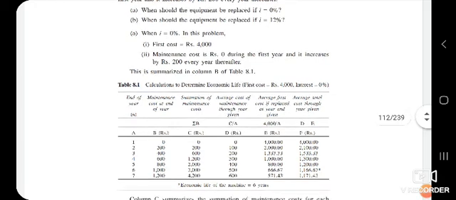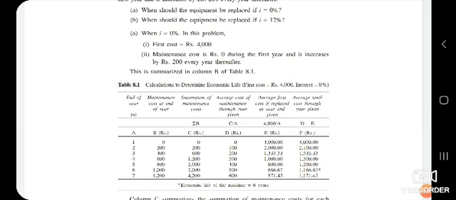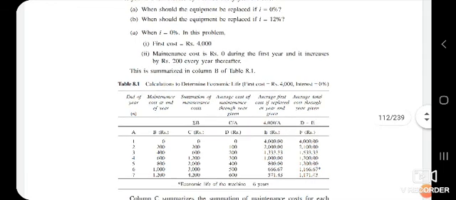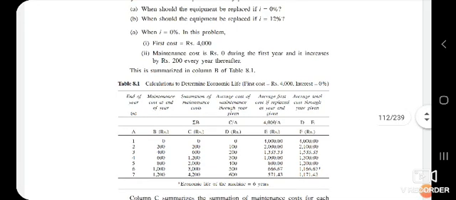Okay, so likewise you have to keep on going, 200 becomes 400, 400 becomes 600, and so on, and you can fill up the tabulation. But keep in mind that for a certain period the cost will keep on decreasing.